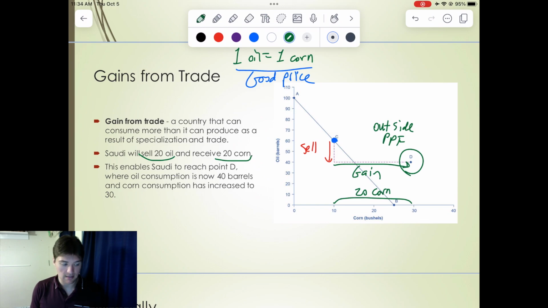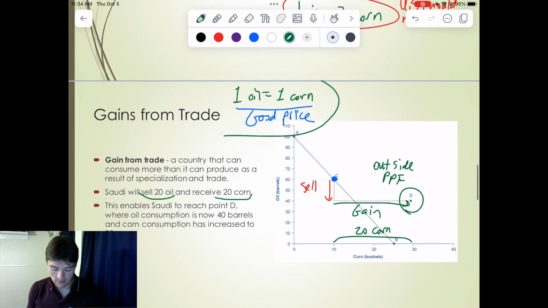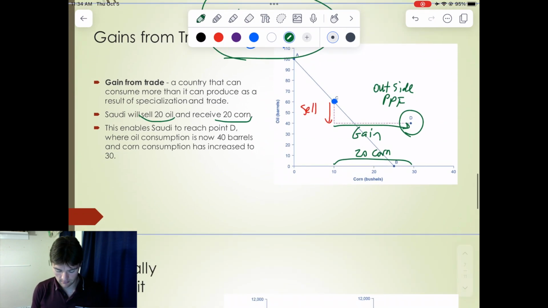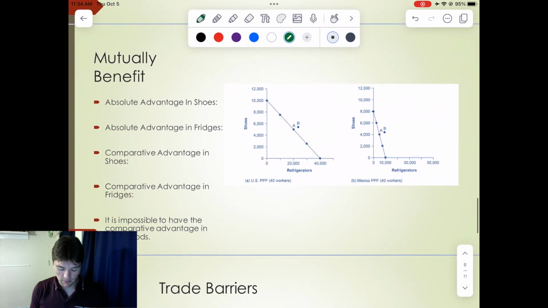That's the whole point of the gains from trade, is that now you can eat more than you produce. You produced 10 corn, but you can eat 30. That's how it goes. And it's all because of this good price right here. As long as the price is in between here, we're going to be good to go. And that's where we mutually benefit.